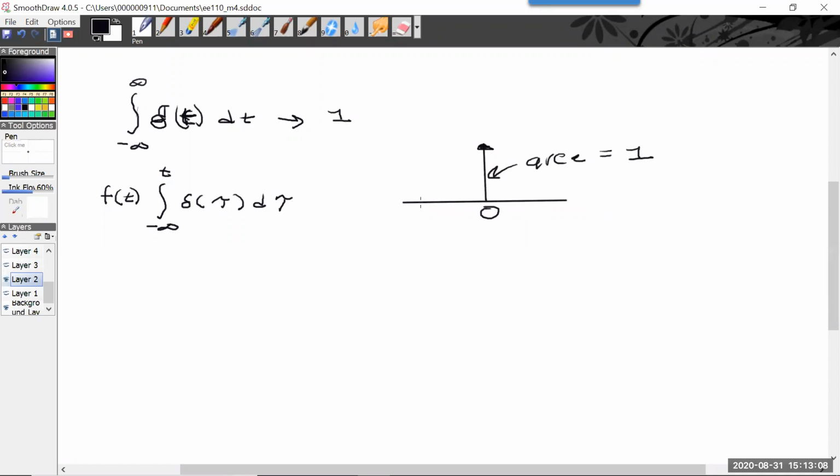Part of the definition of the delta function is that the area equals 1. So we want a function of time, and we're integrating with this dummy variable as we find the area.